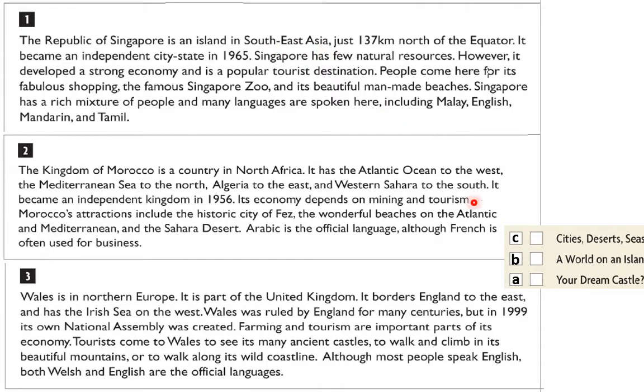So, it is clear that the first paragraph is about a world on an island. So, one is a world on an island. The second paragraph, the Kingdom of Morocco is a country in North Africa. It has the Atlantic Ocean to the west, the Mediterranean Sea to the north, Algeria to the east, and West Sahara to the south. So it is cities, deserts, seas.